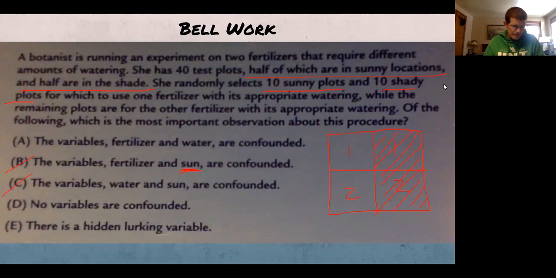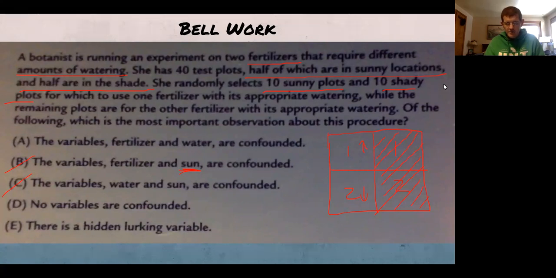So what's going to be confounding is the fertilizer in the water, because the fertilizer requires different amounts of watering. So if fertilizer 1 requires more watering than fertilizer 2, then we're testing two different things. We're testing two things at once. We're giving different amounts of water and we're giving different amounts of fertilizer, or different types of fertilizer.